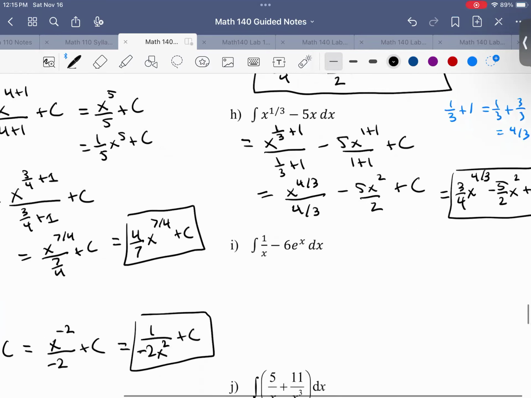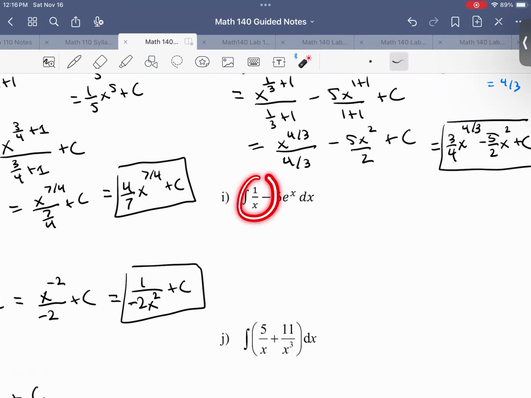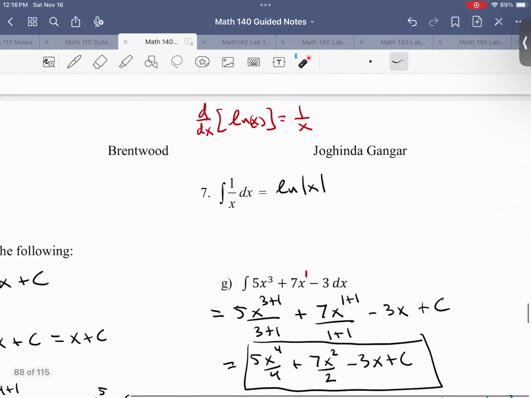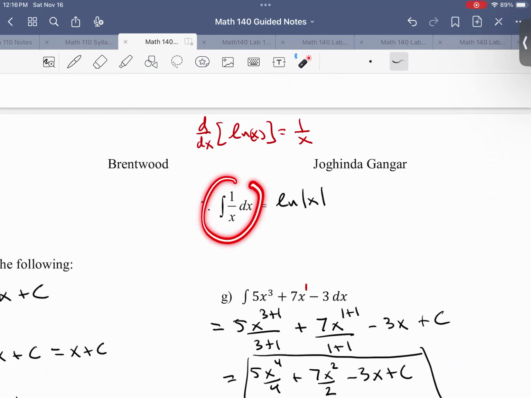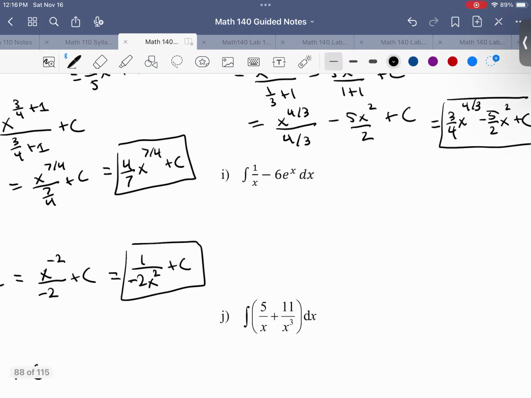Okay, moving on to letter I now. Getting a little scrunched up here, but we have 1 over x minus 6 e to the x. So this 1 over x aligns with the property above here. The integral of 1 over x is going to be natural log of x.